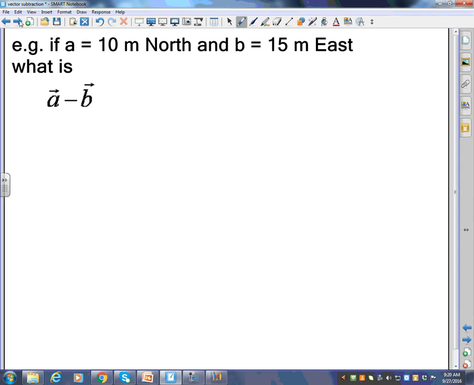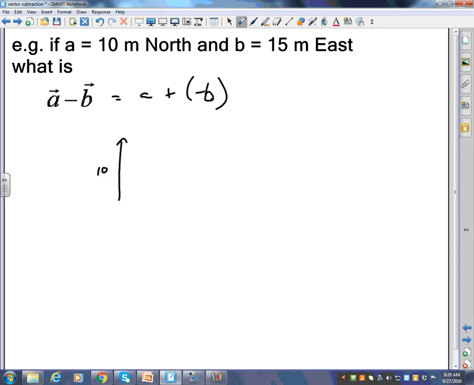Okay, so shall we try one? If A is 10 meters north and B is 50 meters east, what is A minus B? When you're doing something like this on a test, I would like you to show me A plus minus B, so I know you understand the flip. So A is going to be 10 meters north.